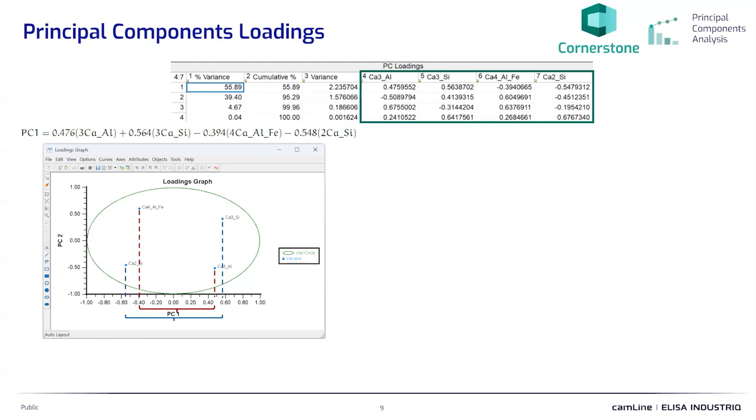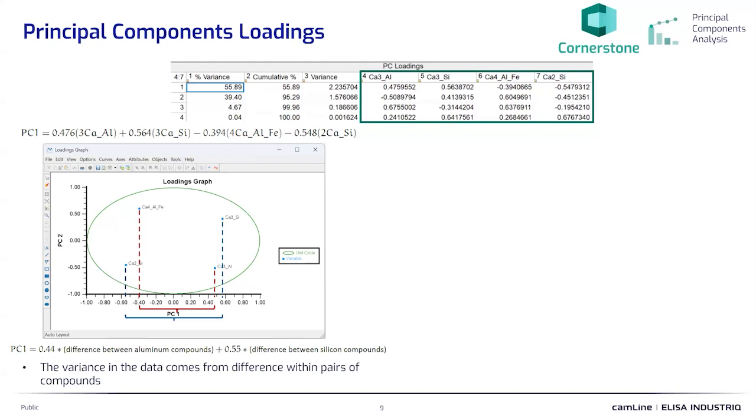The same goes for the compounds that contain silicon: they have similar magnitudes but different signs. So we can approximate the previous formula as a weighted sum of the differences between these paired compounds to represent PC1. Since PC1 contains most of the variation of the data, we can interpret the result such that the variance of the data actually comes from the differences within pairs of compounds.